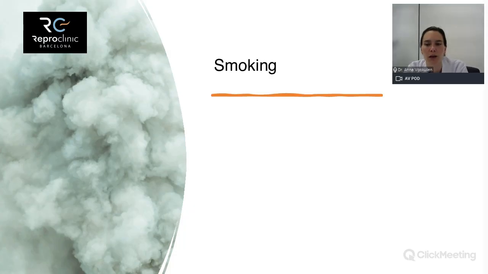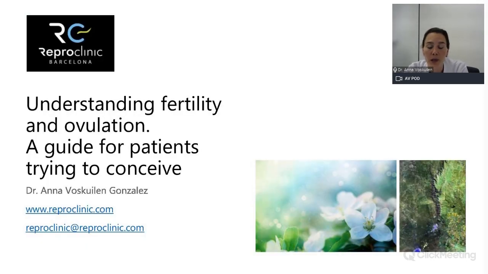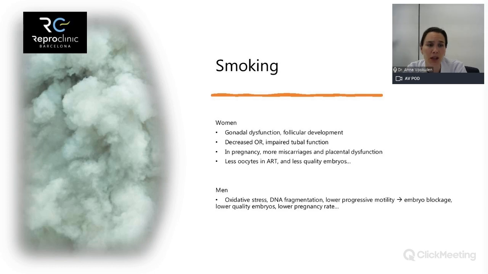So smoking, we do know that smoking can have a negative impact on the quality of the eggs, on the gonadal function, in follicular development. What we know in general is that it can decrease the ovarian reserve. It's clear, I mean, smoking has a clear impact on fertility. Okay, and also we have seen that patients that smoke probably will have their menopause before patients that don't smoke.